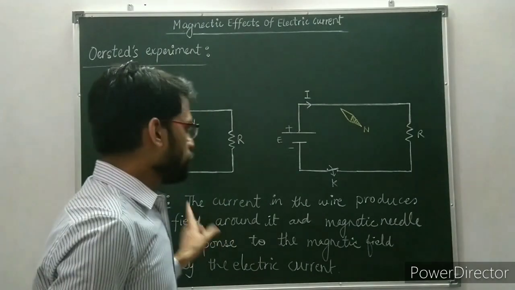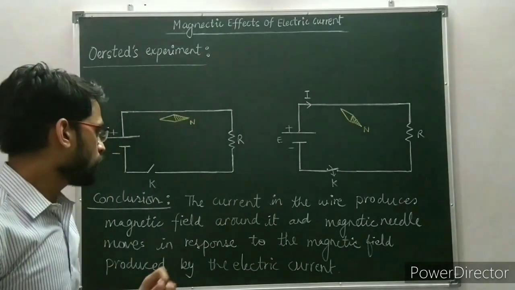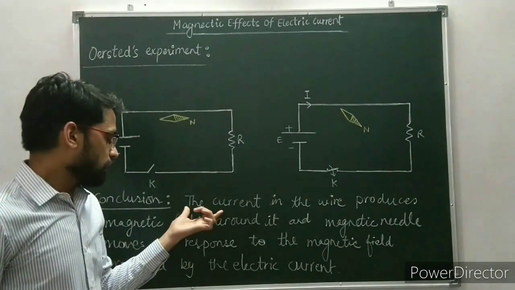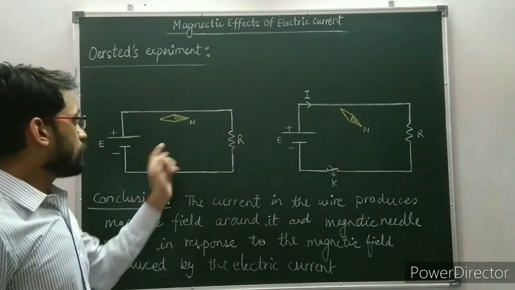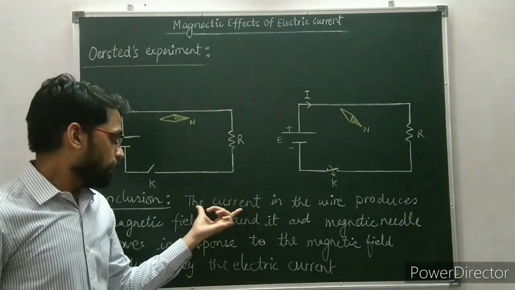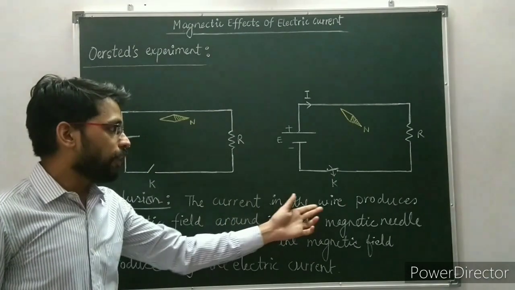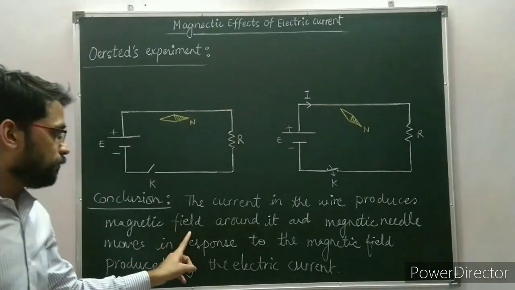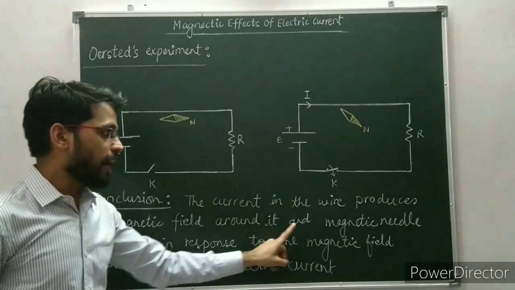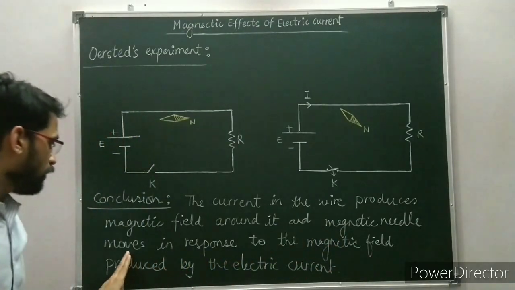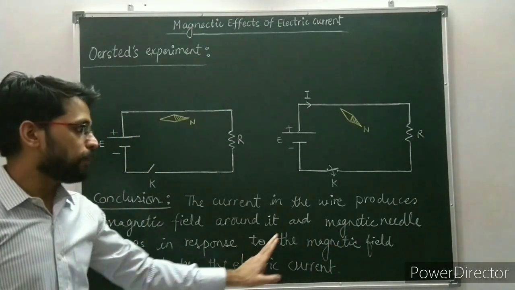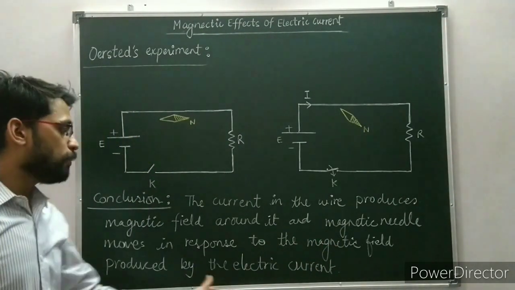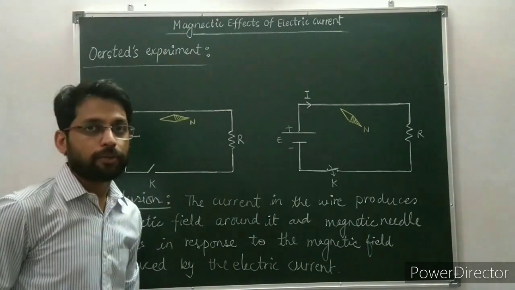Now come to the conclusion of the experiment. The conclusion is that the current in the wire produces a magnetic field around it, and the magnetic needle moves in response to the magnetic field produced by the electric current.